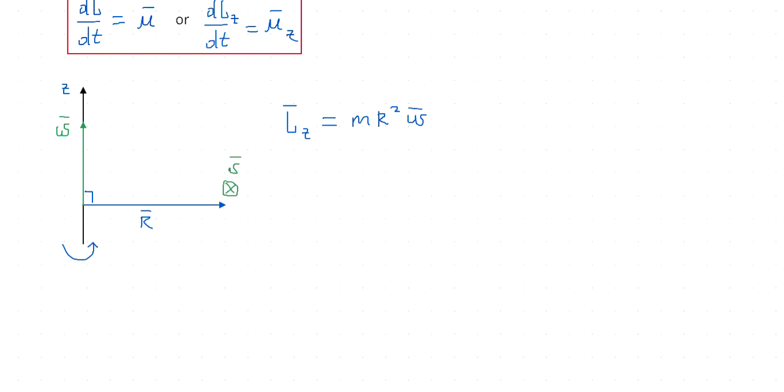And of course we can assign this material point as i. i is a number of the material point, and from here we can write that this is equal to I z of i material point multiplied by angular velocity.